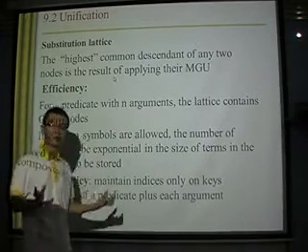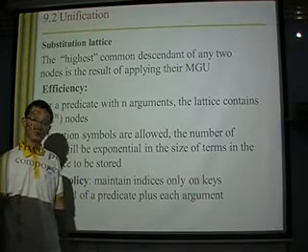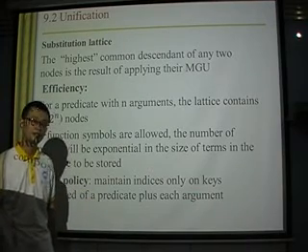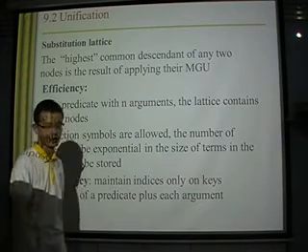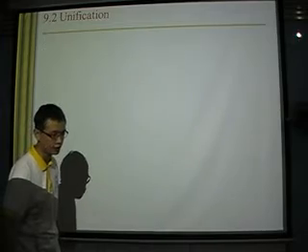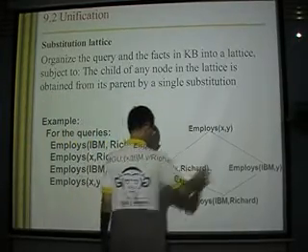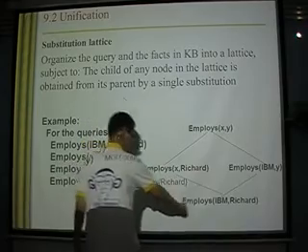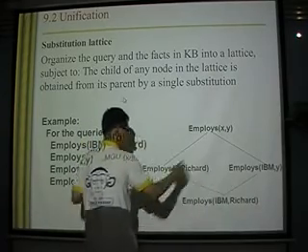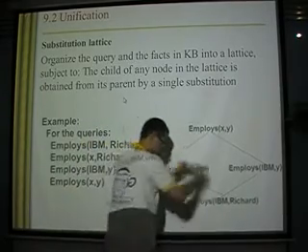And the highest common descendant of any two nodes is the result of applying their most general unifier, as we shall see in the example. If these two sentences are applied the most general unifier, we get the highest common descendant of the two nodes.